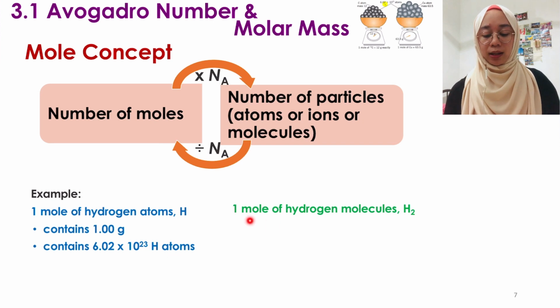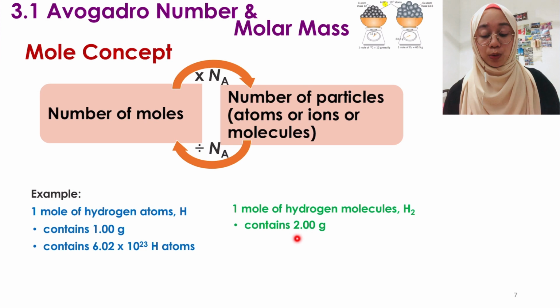So what about kalau kita ada 1 mole of hydrogen molecule? Hydrogen molecule dia punya formula is H2. Okay, so dalam 1 mole of hydrogen molecule, meaning it contains of 2 gram. Kenapa 2 gram? Jangan lupa tadi formula dia H2. Okay, 1 H berat dia adalah 1 gram. So kalau kita ada 2 H, berat dia adalah 2 gram.